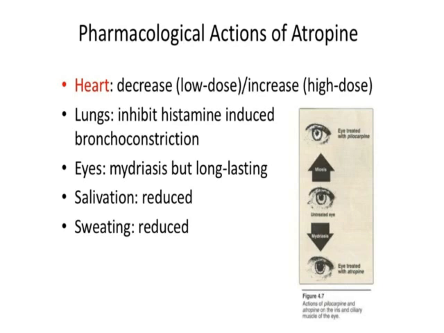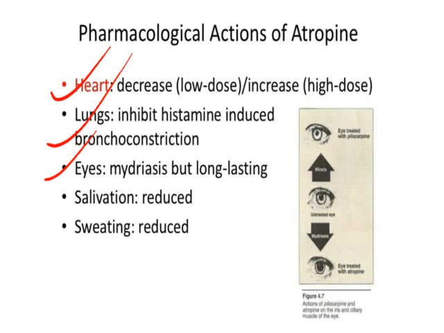Then the pharmacological action of atropine, a muscarinic antagonist. In the heart, the rate decreases at low dose and increases at high dose. In the lungs, it inhibits histamine-induced bronchoconstriction.